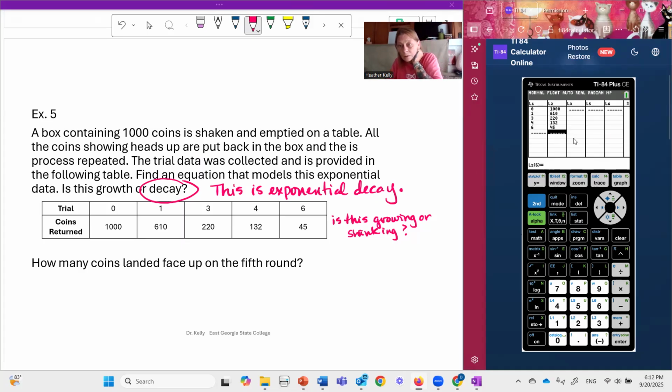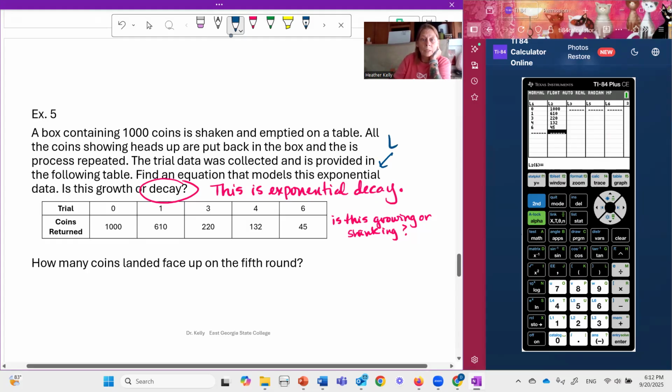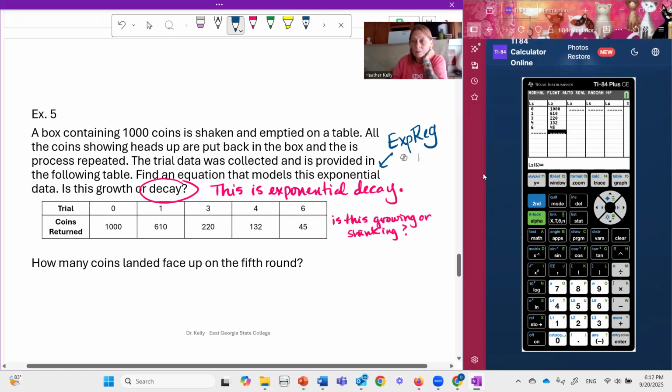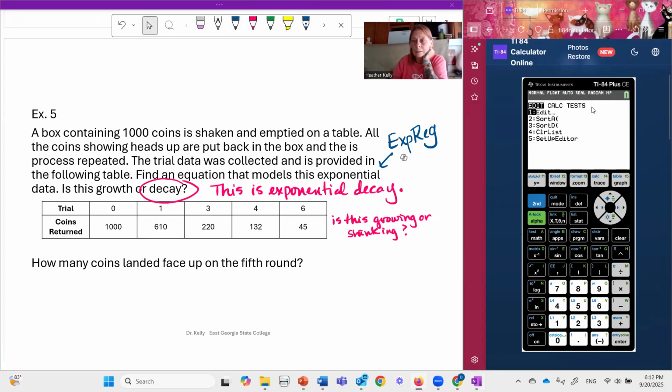Let's make sure that that's cool. Yep. So here, because it said it's exponential, we know exponential is EXP reg. So let's do that. So I'll go stat and calculate and all the way down to EXP reg, or you can use the hotkey of 0.